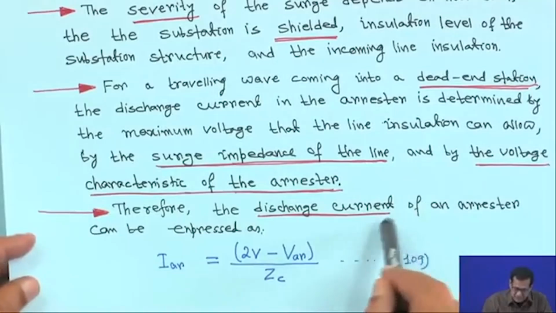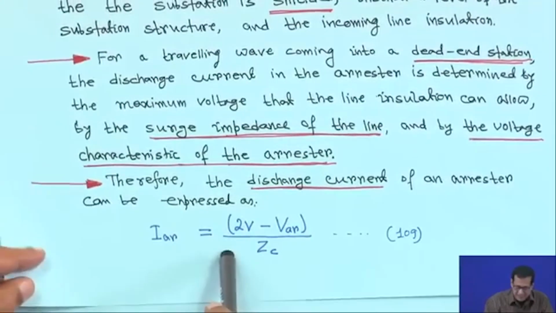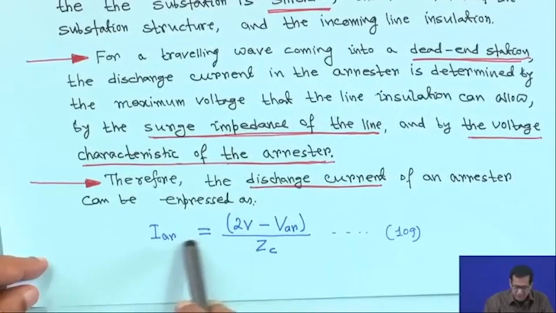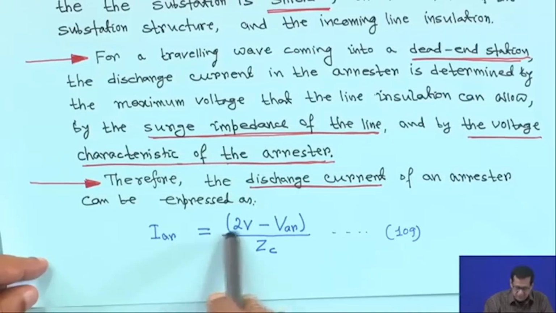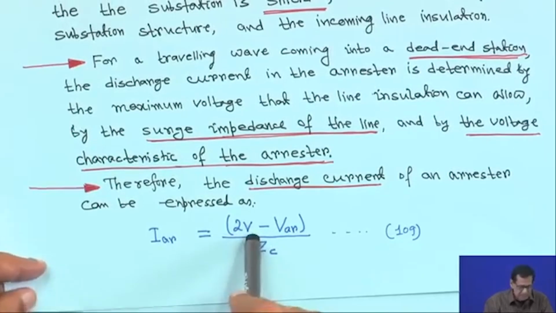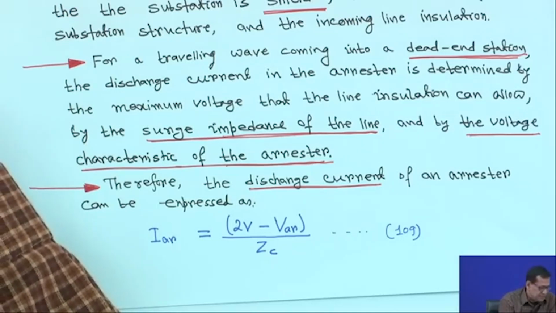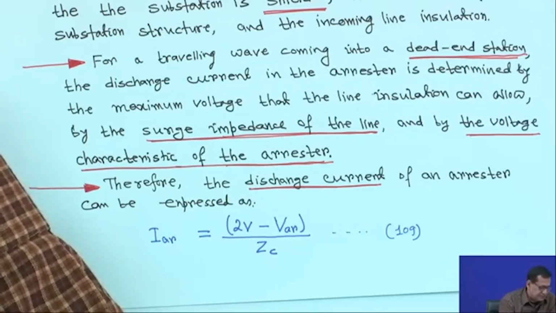Therefore, the discharge current of an arrestor can be expressed as I_AR = (2V - V_AR)/Z_C. Here V is the magnitude of the incoming surge voltage and V_AR is the arrestor terminal voltage.